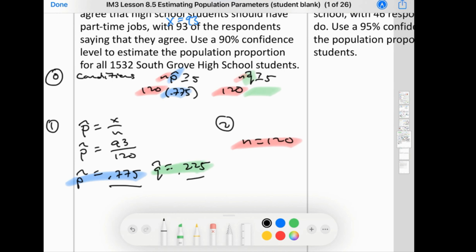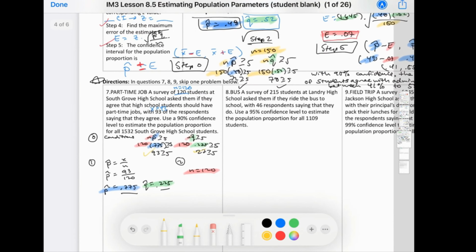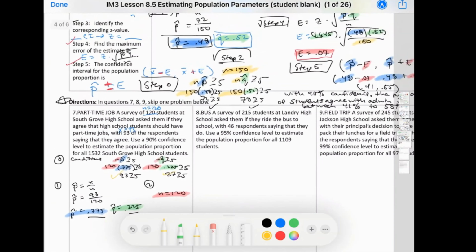I just want to know that these are greater than 5, and I already know they're going to be. I just have that feeling. And are our conditions met? Yes. Yes. Boom. Okay. We got our n values.